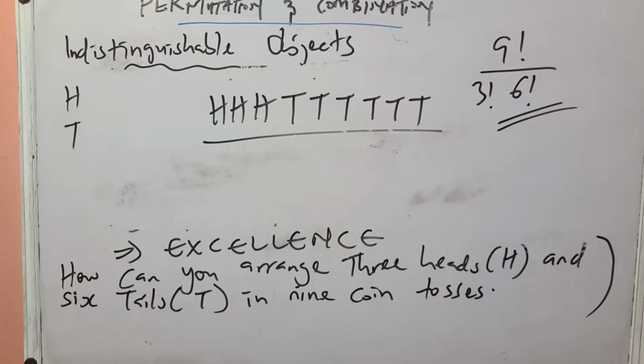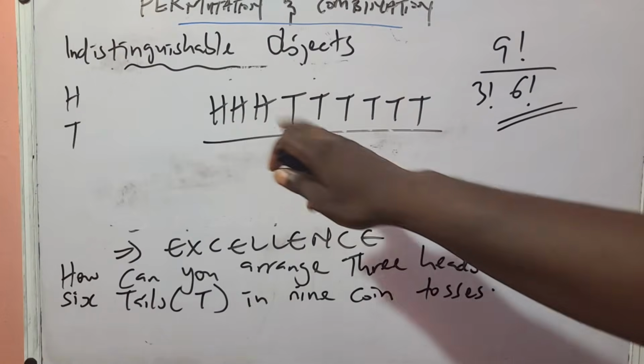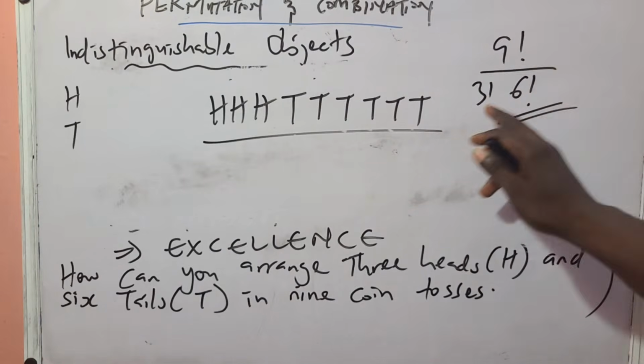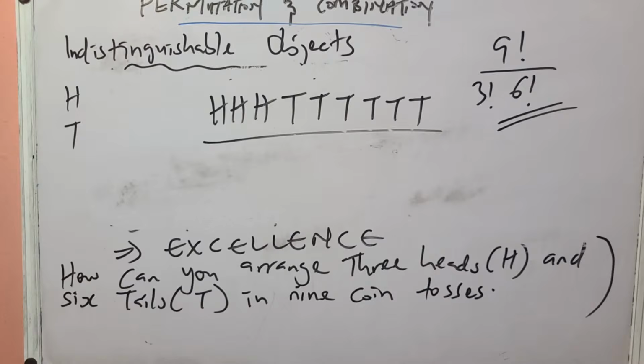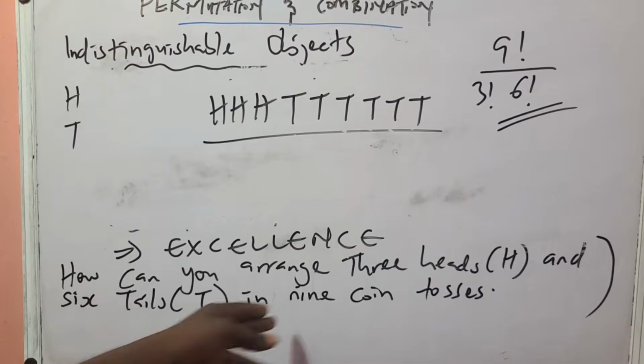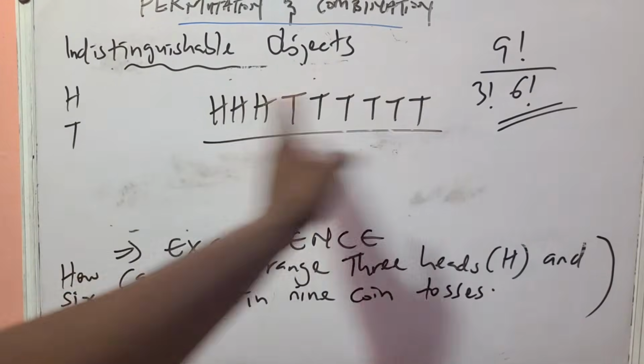Probably pun intended there, because the word coin is coming there. Anyway, if I gave you this question directly, you would have said 9 factorial over 3 factorial times 6 factorial. But instead of giving you the question that way, we fixed it up using word problems, where we said, how can you arrange 3 heads and 6 tails in 9 coin tosses? This is the interpretation of the question.